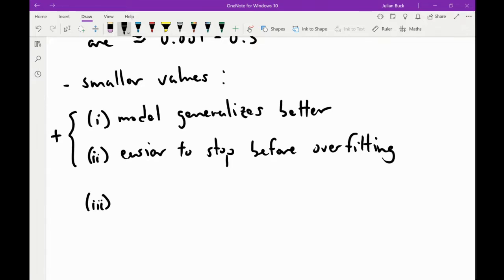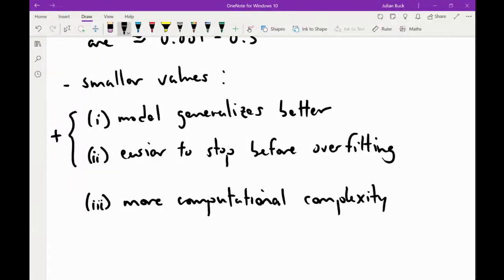A smaller value of the learning rate means you're going to have more computational complexity because you're not learning as much at every step, and longer run times as a result.